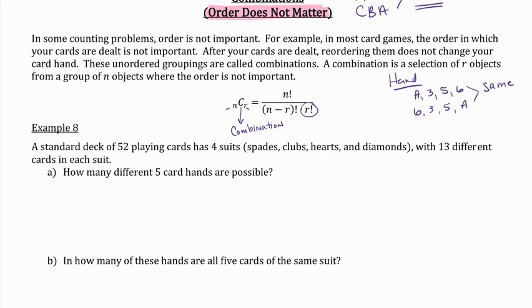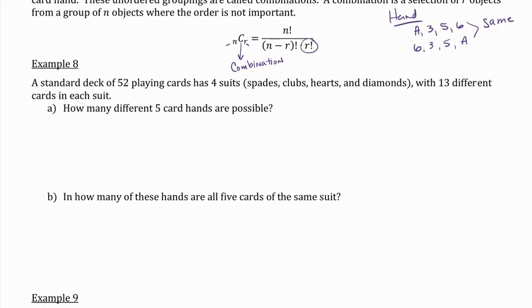Okay, so to find combinations using our formula, say we've got a standard deck of cards. It's got 52 cards. There are 4 suits: spades, clubs, hearts, and diamonds. So 52 divided by 4, that means there's 13 cards in each suit. We want to know how many different 5-card hands are possible.